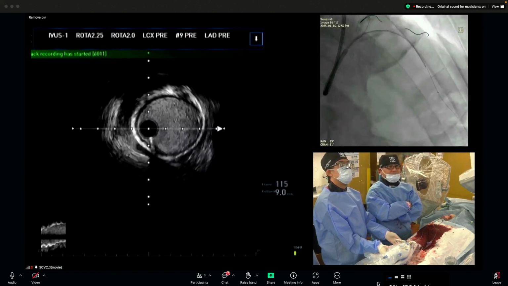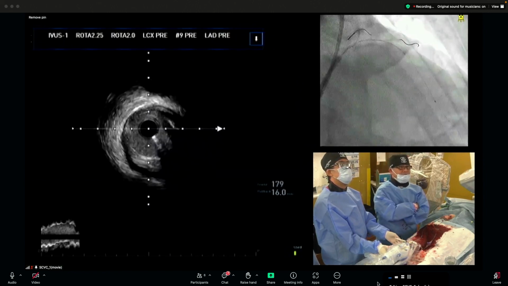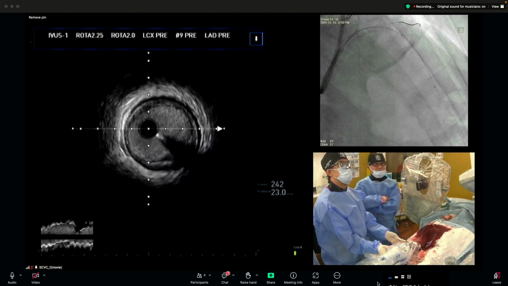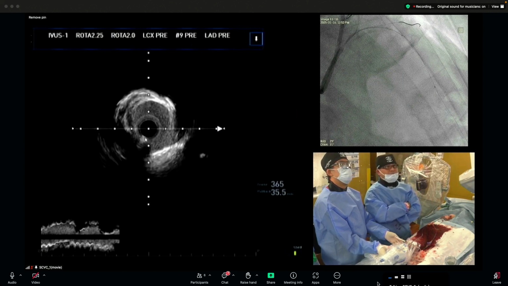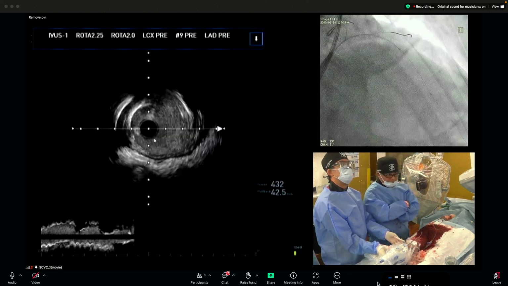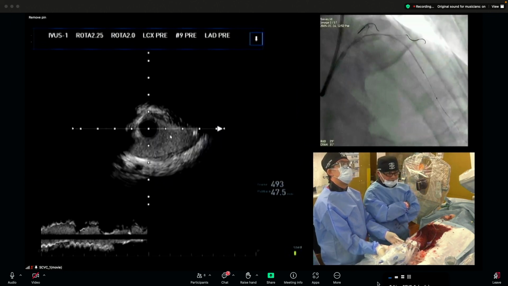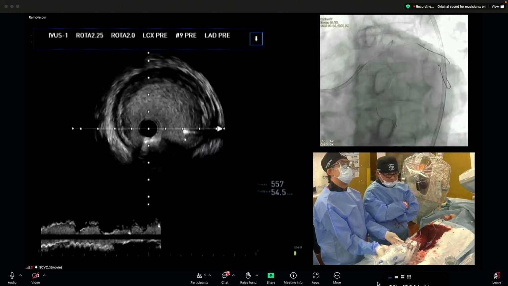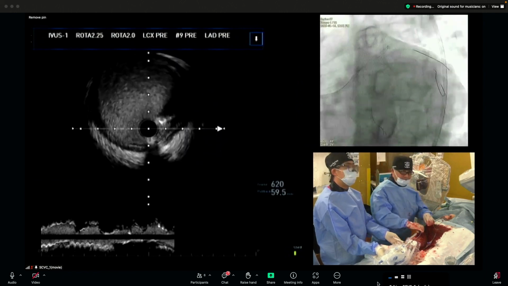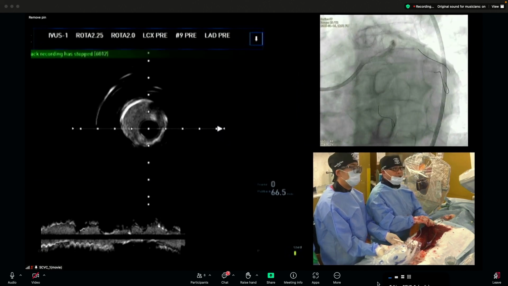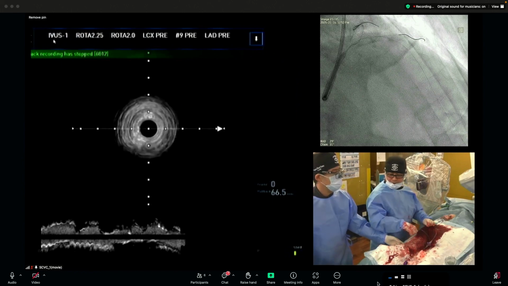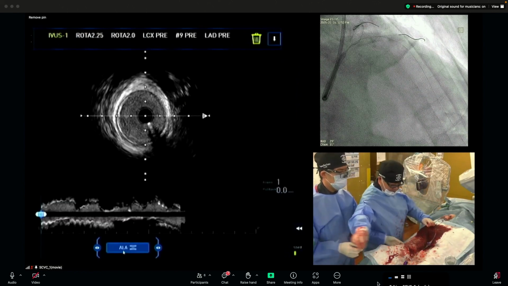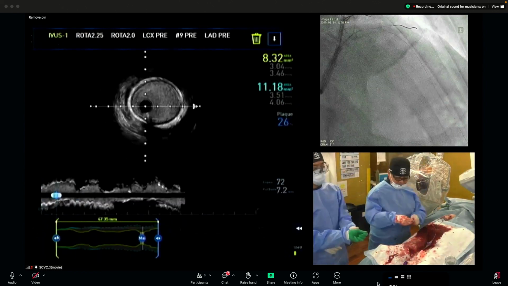So actually, this is the IVUS after aggressive lesion preparation. This is a septal branch, and we can see some injury, and we can see the dissection. This is a diagonal branch, and we can see some cracks before the diagonal branch. This is the left main. Okay, stop. Yeah, the lesion is well prepared.